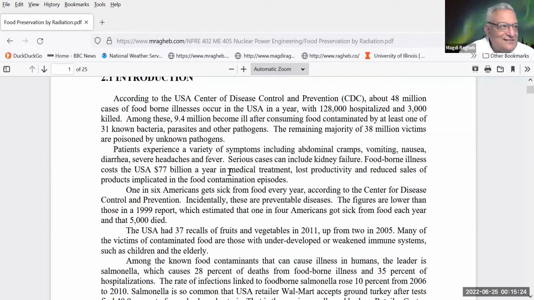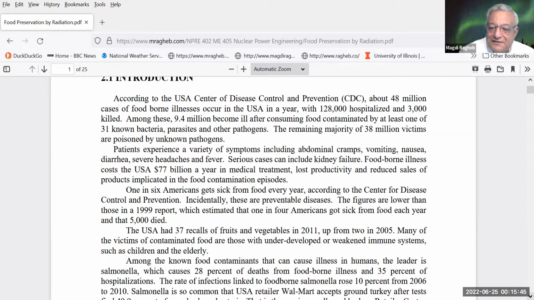Some people get very sick, end up in hospital beds. There is also lost productivity. If you don't go to work, society loses your productivity, and there are reduced sales of products that are implicated in the food contamination probes. 1 in 6 Americans get sick from food every year.